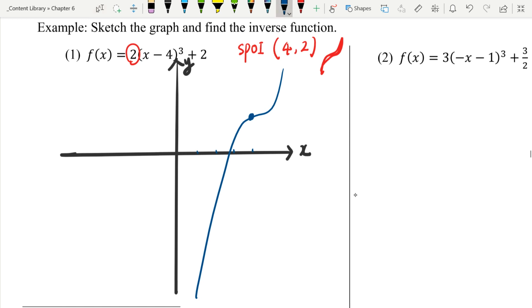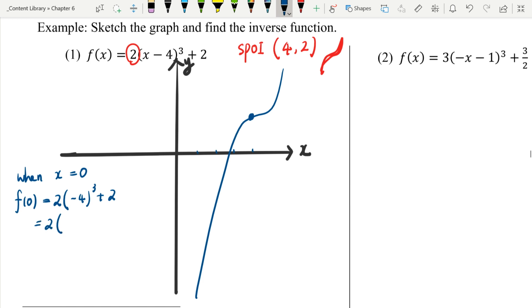When x equals 0, y equals 2 times (0 − 4) to the power of 3, plus 2.